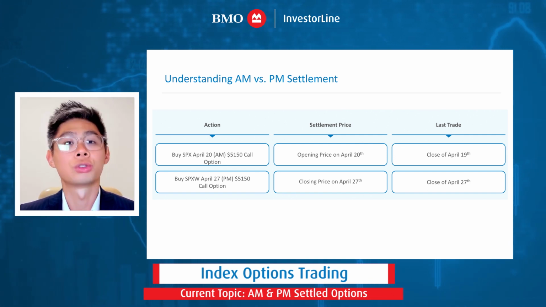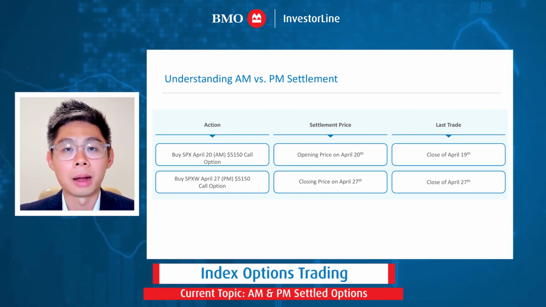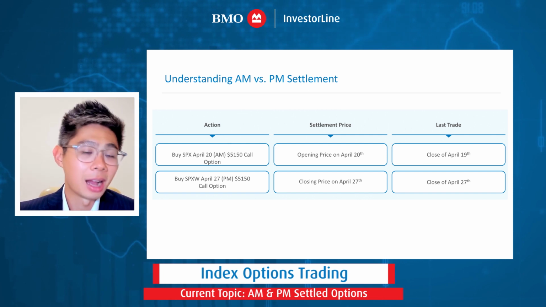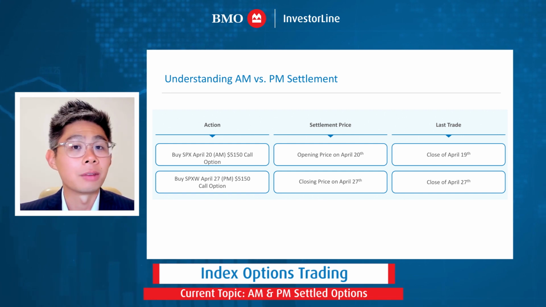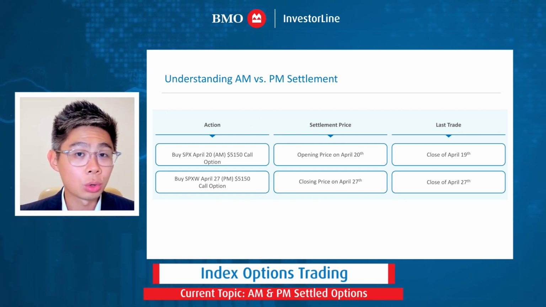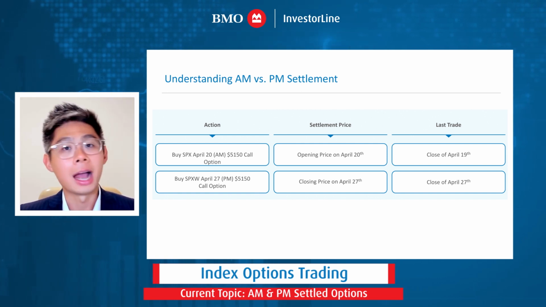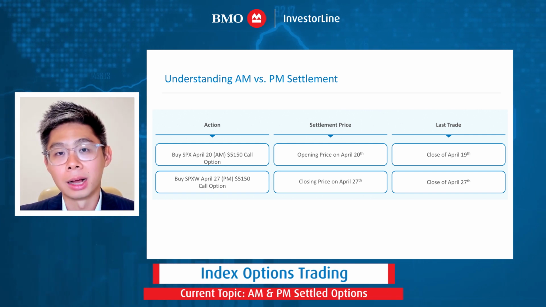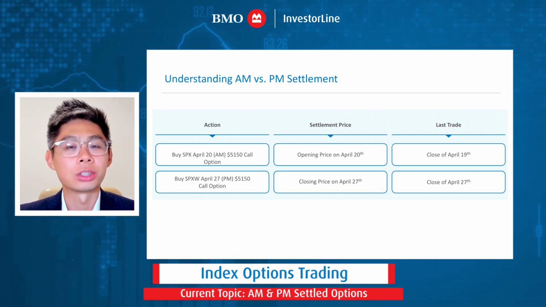Especially when you're trading the smaller size contracts, they don't offer these AM settled options either. So if you are trading the full size contracts, I tend to say trade the PM settled options. The AM settled options have this overnight risk that you have no control over. You can't trade it, the last day you can trade is the day before, and you just have to hope that nothing big happens overnight. That's a risk that for a lot of traders is not one they necessarily need to take.